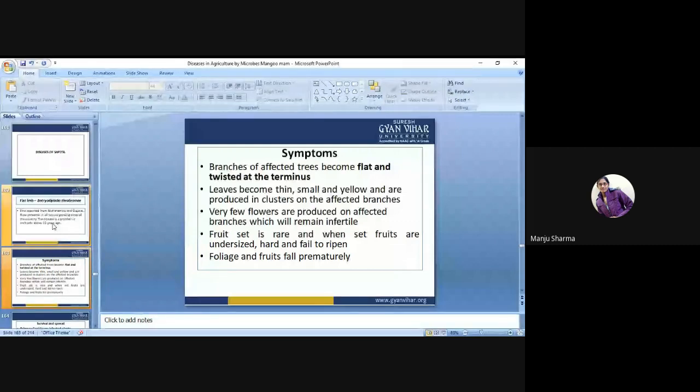Leaves become thin, small, and yellow and are reduced in clusters on the affected branches. Very few flowers are produced on affected branches, which remain infertile. Fruit set is rare, and when set, fruits are undersized, hard, and fail to ripen, and foliage and fruits fall prematurely.